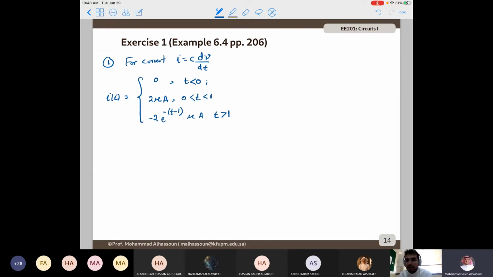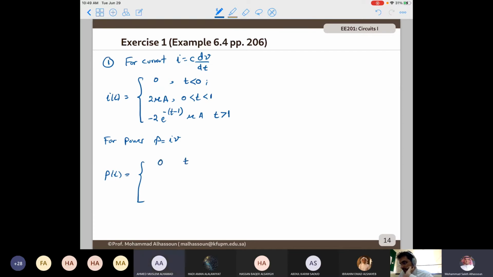What about the power? Ahmed Al-Hamad? It's C V times dV over dt. Okay. There's a shortcut here. You have the definition of I, you have the definition of V, so you can just multiply them. The first one is clearly 0.